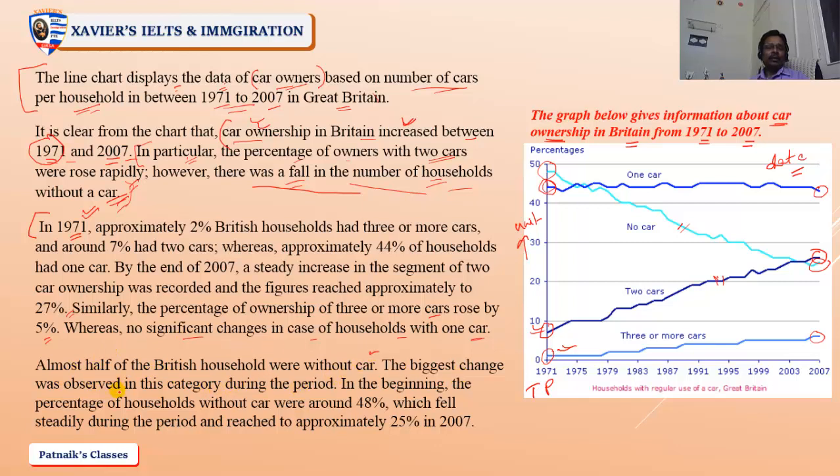The biggest change was observed in this category. See the words I'm using here, in this category during the period. In the beginning, that means I am referring to 1971, the percentage of households without a car was around 48%, which fell steadily during the period and reached approximately 25% in 2007.